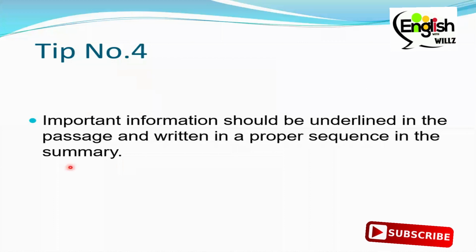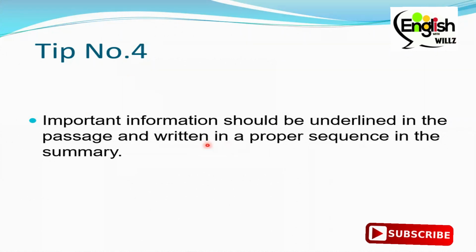Tip number 4 says, important information should be underlined in the passage and written in the proper sequence in the summary. Okay, when you were reading the passage for taking out the content points, you are advised to underline the important information.